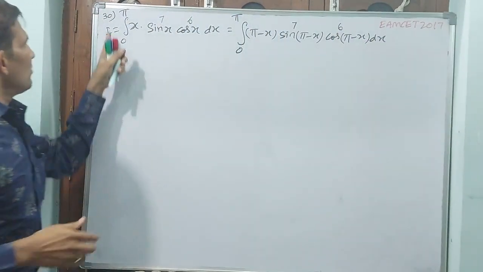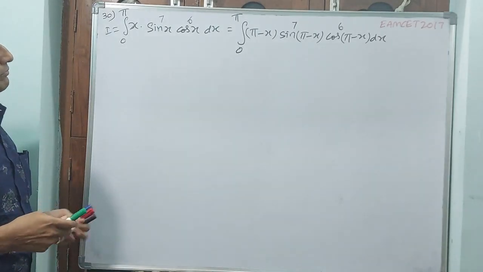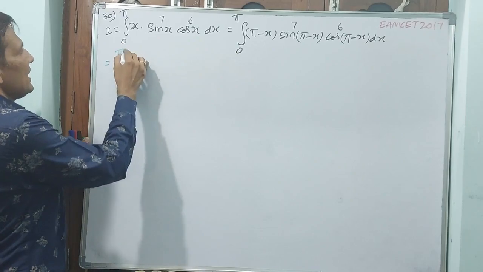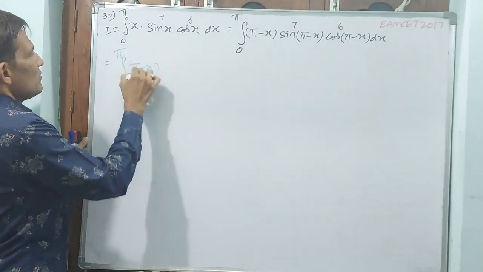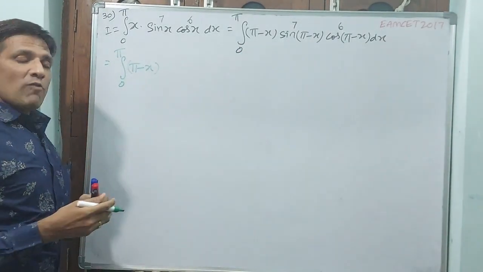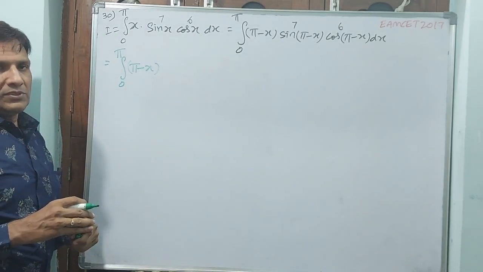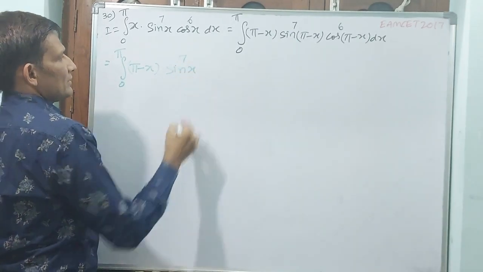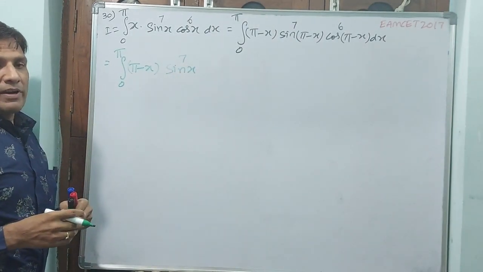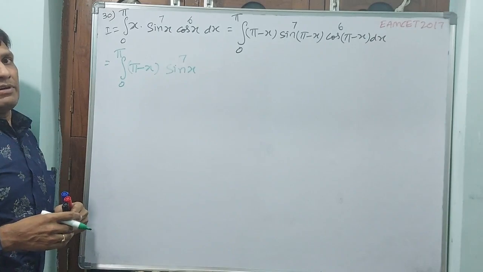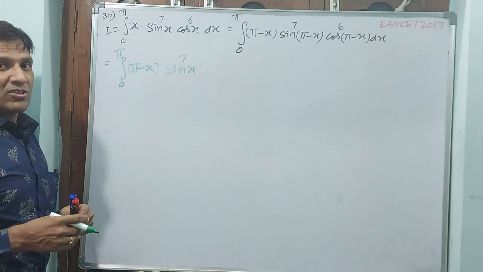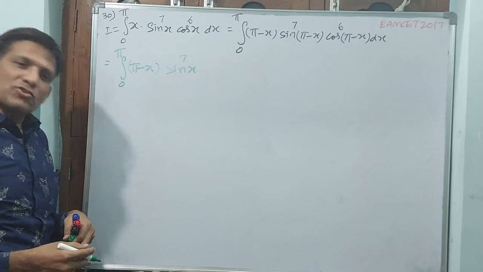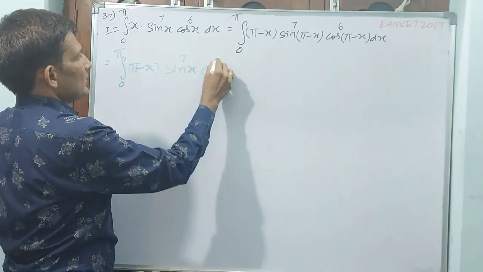Okay, 0 plus pi minus x, that property we know. Now that is equal to 0 to pi will be like this only, pi minus x we cannot do anything. Sine of 180 minus theta, sine theta, sine to the power of 7x only will come. Cos of 180 minus theta, minus cos theta will come, but minus cos theta to the power of even power, same cos to the power of 6 theta will come.